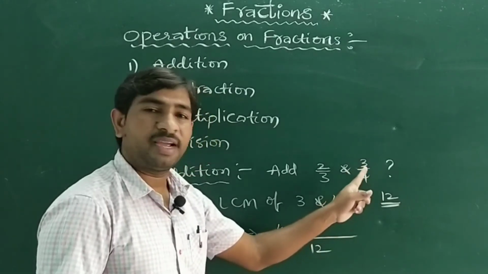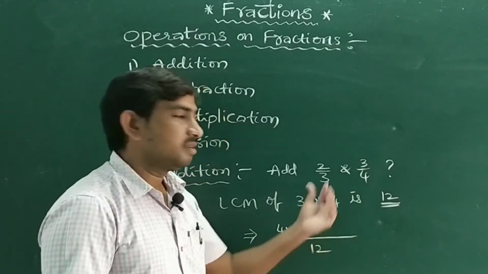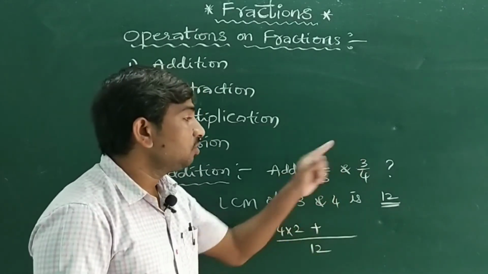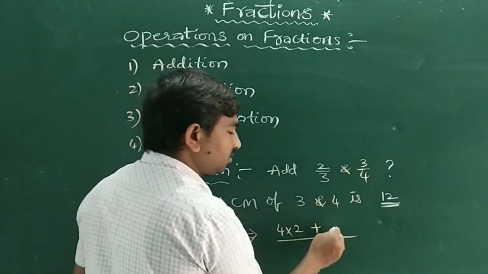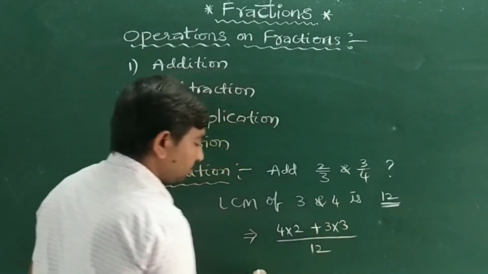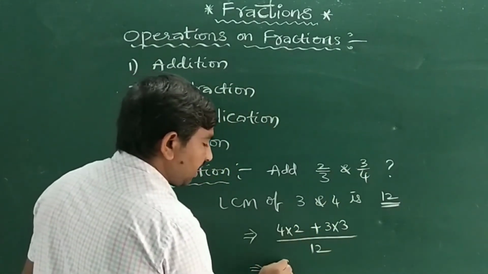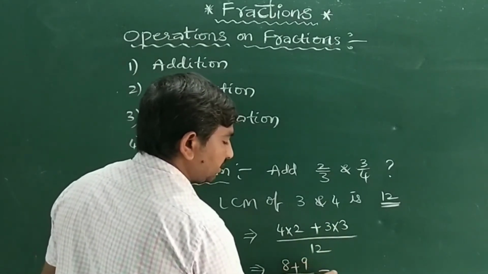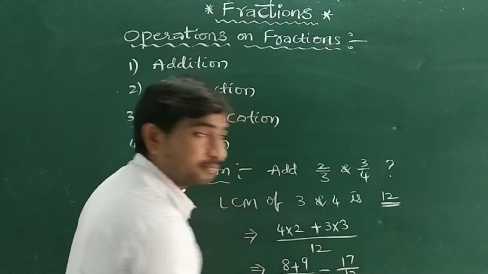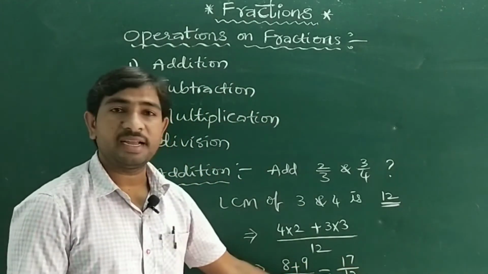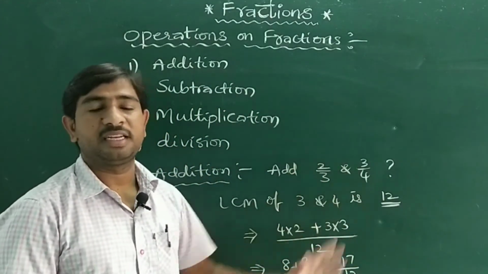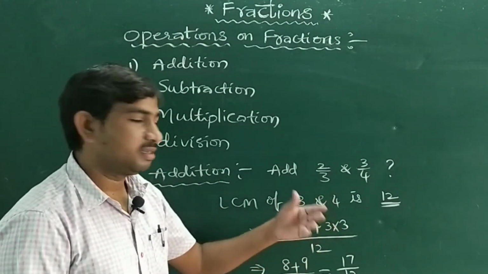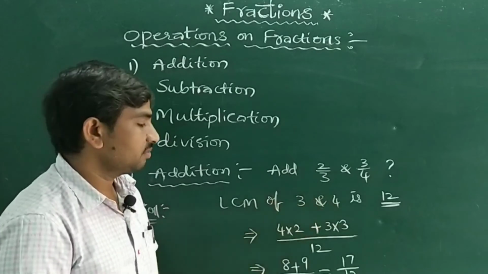In the 4 table, we get 12 as 4 3s are 12. So that 3 multiplies the numerator, which is also 3 here. 3 into 3. So that is equal to 4 2s are 8 plus 3 3s are 9, by 12. That is equal to 8 plus 9, 17 by 12. 17 by 12. This is the addition of 2 by 3 and 3 by 4. Okay. So this is one of the ways to find the addition of the given fractions.